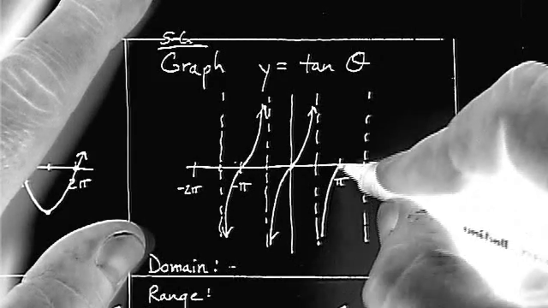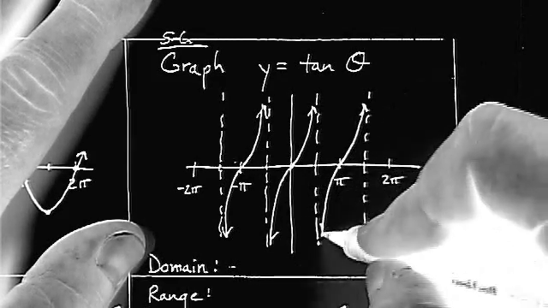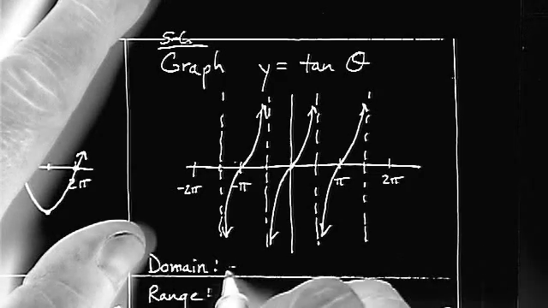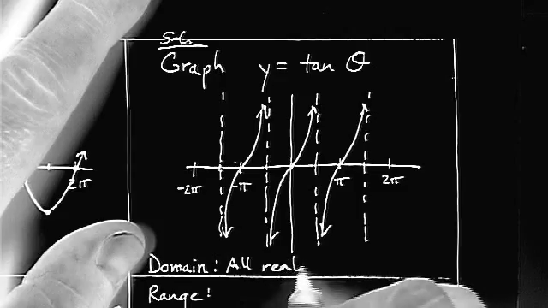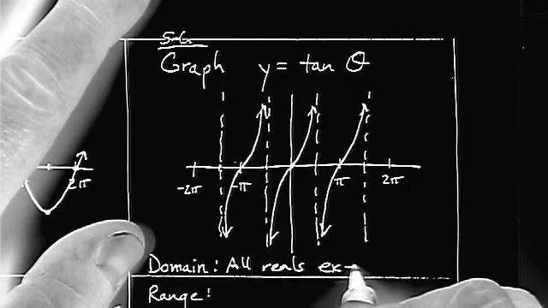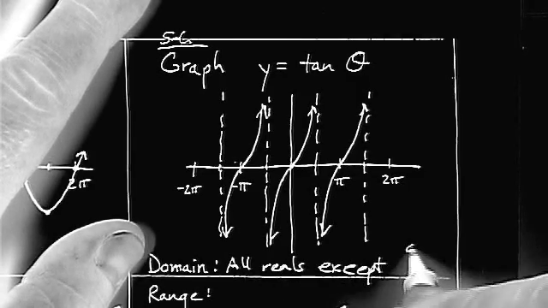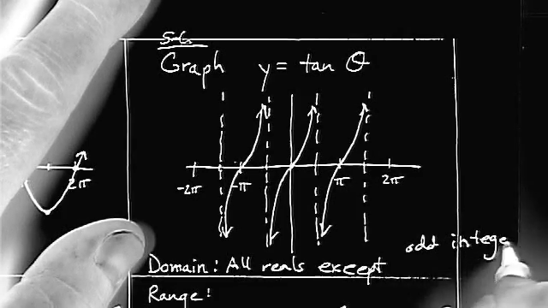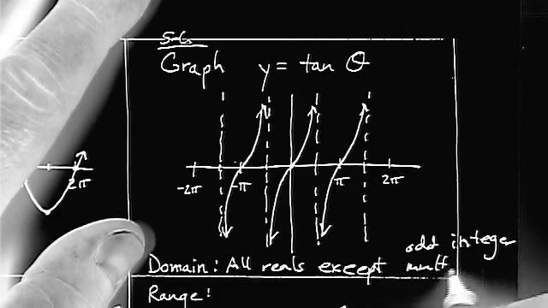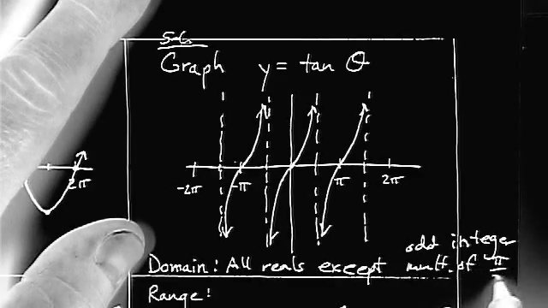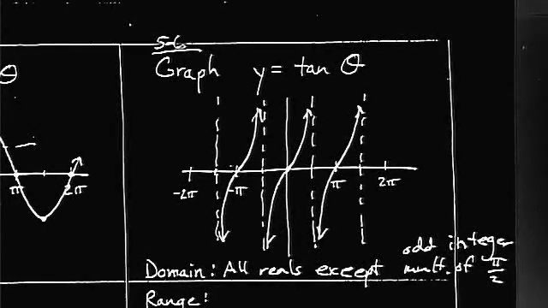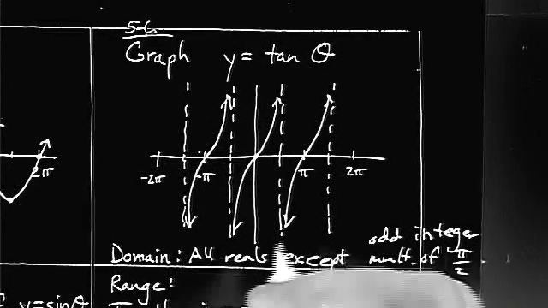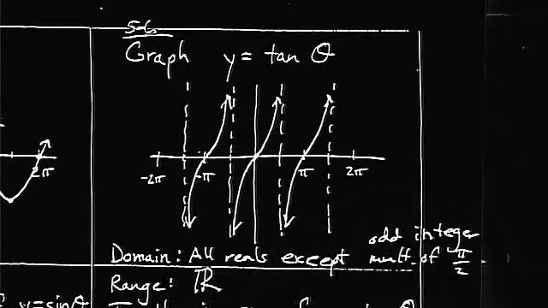And we can graph these forever and ever and ever, but we're not going to. What's my domain? All reals except odd integer multiples of pi over 2. And my range, definitely all reals.